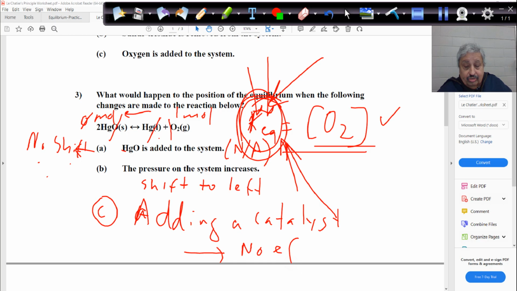By the same token, if you add an inhibitor, slowing the rate of the reaction has nothing to do with the chemical equilibrium. Chemical equilibrium is all about equalizing the rate of the forward reaction to produce product with the reverse rate of the reaction to produce the reactant back. That's what it says. Okay, guys? So catalyst or inhibitors have no effect on the chemical equilibrium.